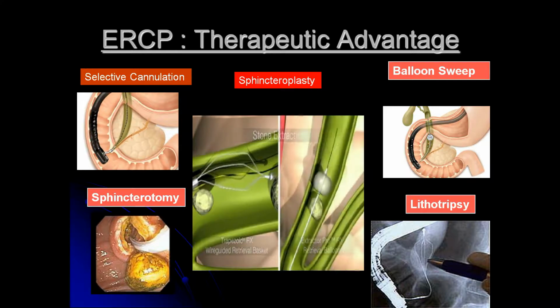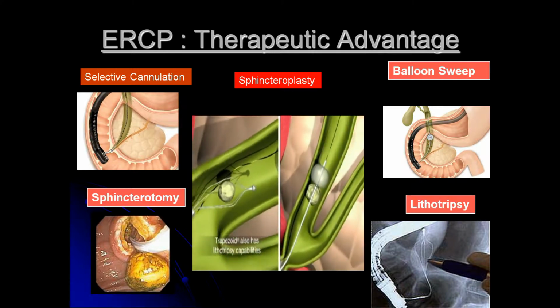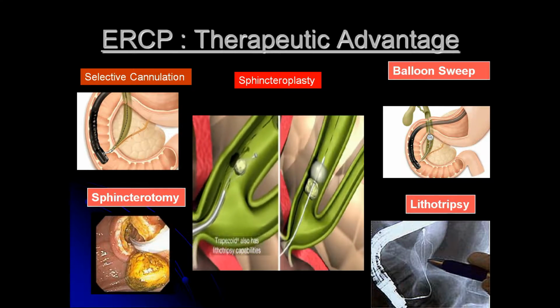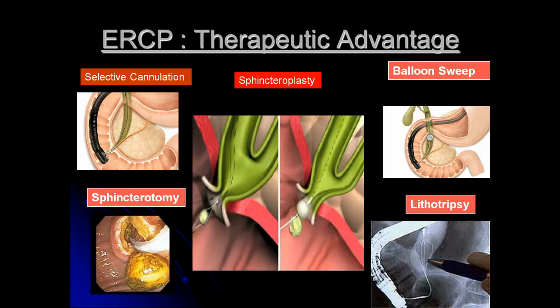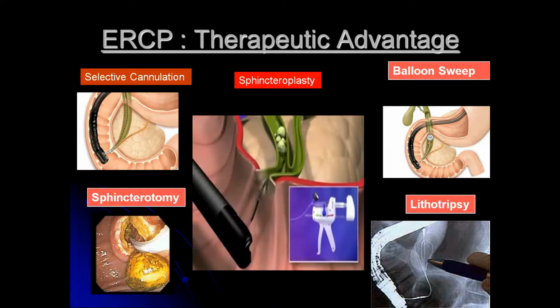Then we can pass a wire guided basket or even a biliary balloon, and when we grab the stone or pull the stone, the stones very easily pass through the ampulla into the duodenum. That is the easy way to remove all these stones in a minimal access way.